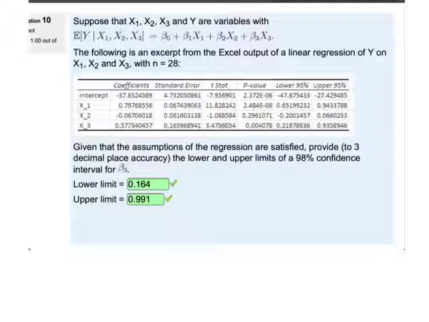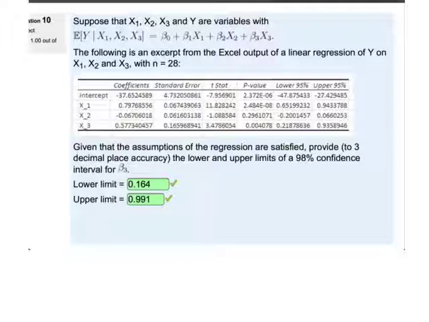And we learned that the little b has a t distribution with n minus, in this case 4, or minus the number of independent variables plus 1 for the intercept. So it's 28 minus 4, which is 24 degrees of freedom.